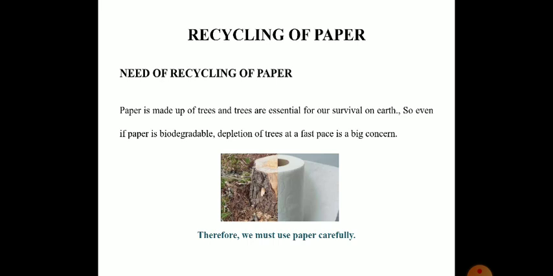For wiping our hands, we require paper napkins. For toilet purposes, we also use toilet paper. So to meet the requirement, we should practice recycling of paper so that the trees could be saved, our environment could be saved, and pollution will decrease.